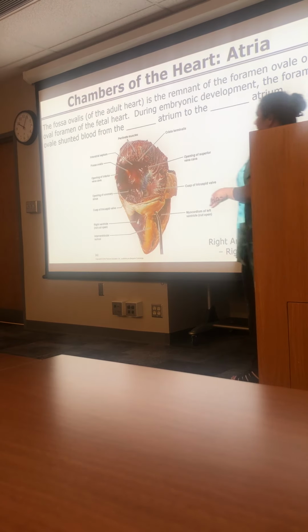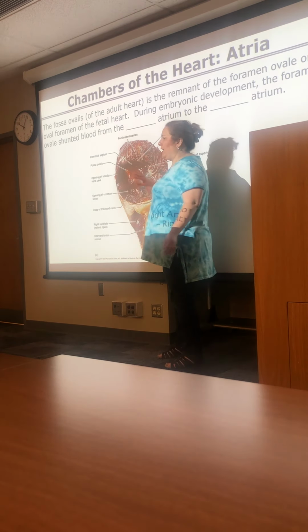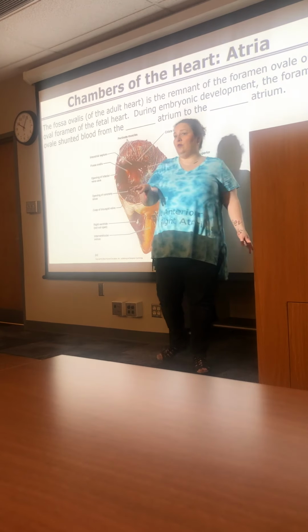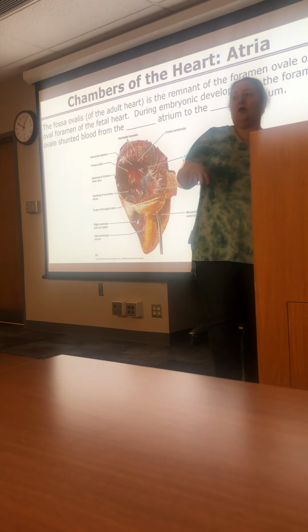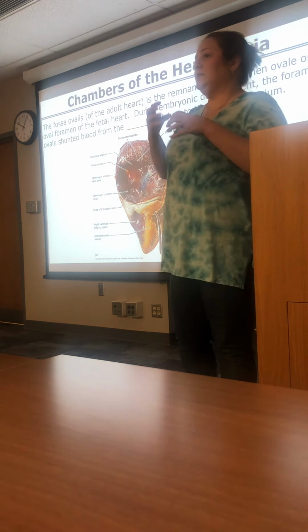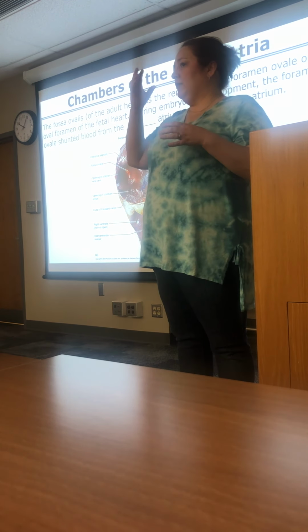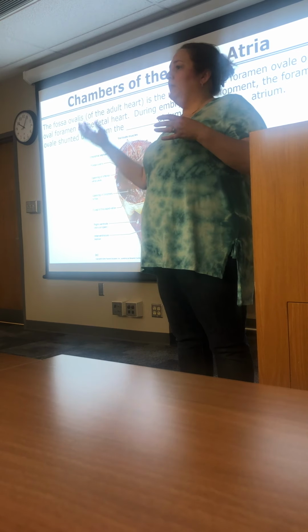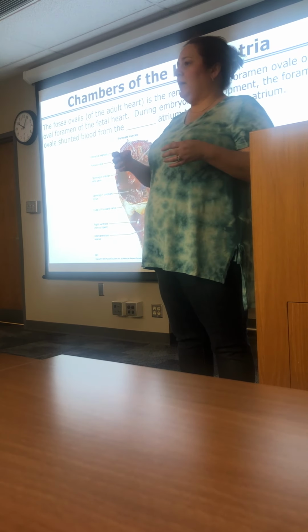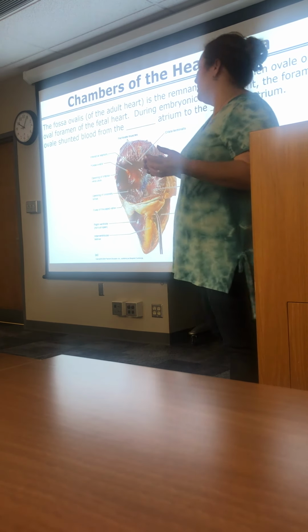So during embryonic development, what you need to remember is that we want to bypass. Since what we just went over talked about the fact that the right side of the heart is going to be the pump for, because remember, it's a double pump system, the right side of the heart is the pump for the pulmonary circuit. The left side of the heart is the pump for the systemic circuit.